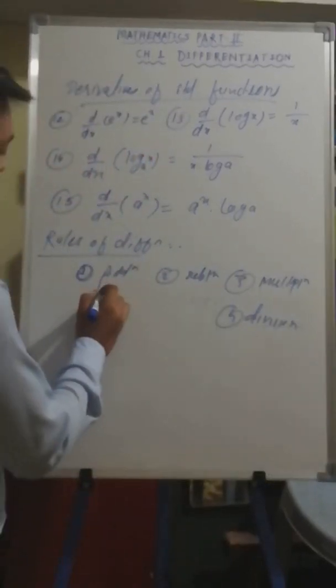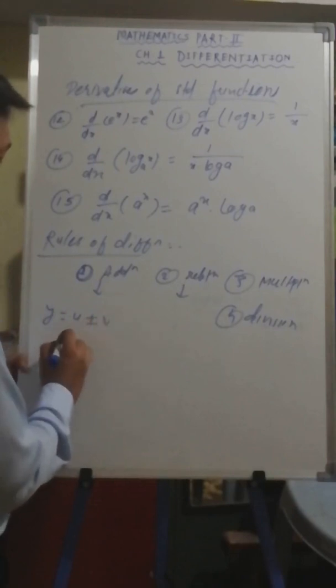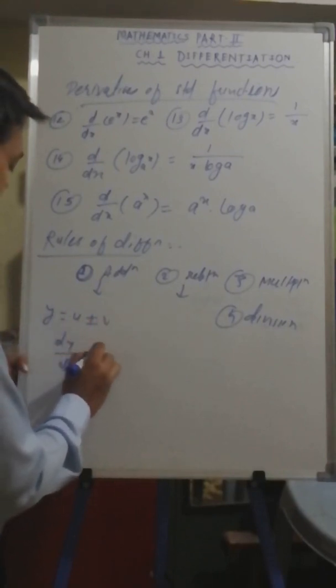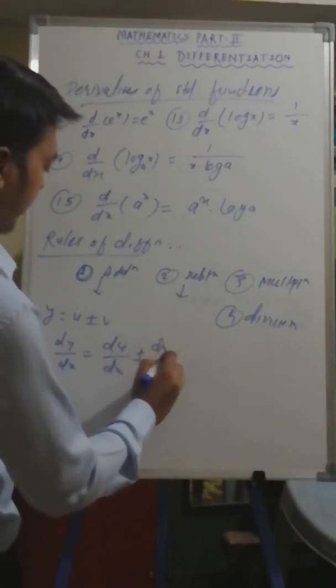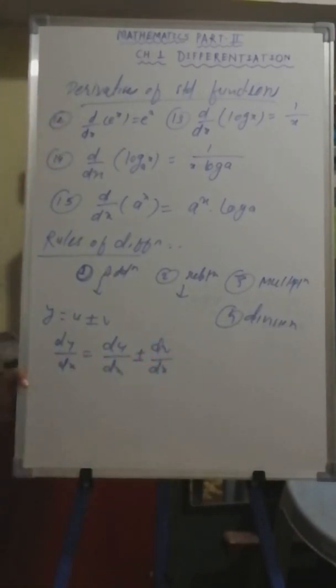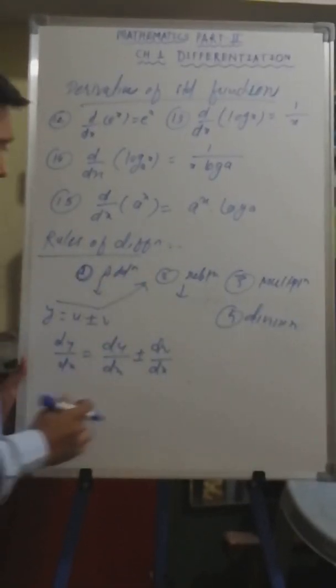In addition and subtraction, we take function u plus minus v, then we find its derivative: dy by dx equal to du by dx plus minus dv by dx. So this is applicable for both addition and subtraction.